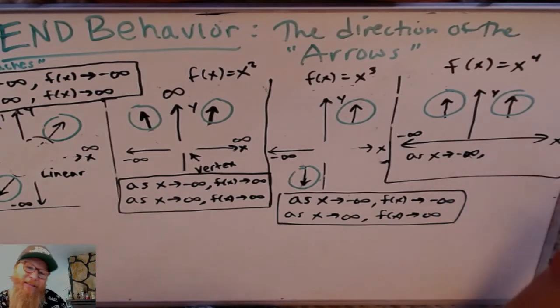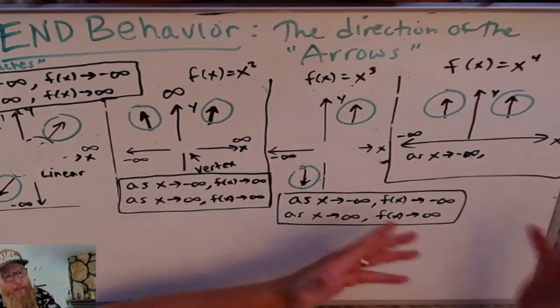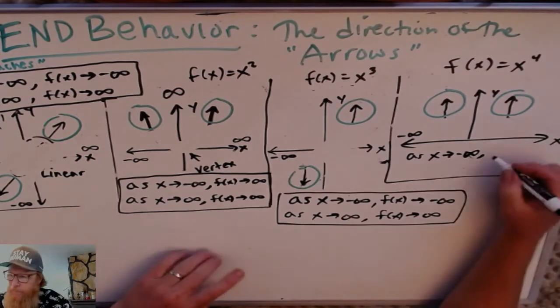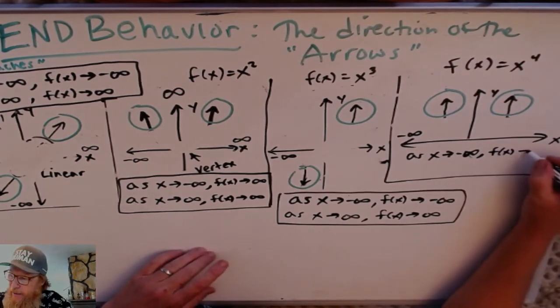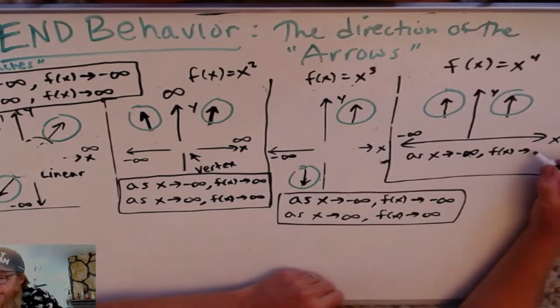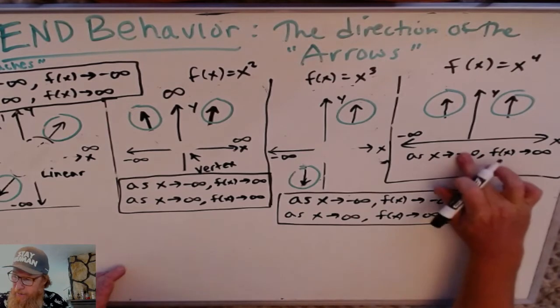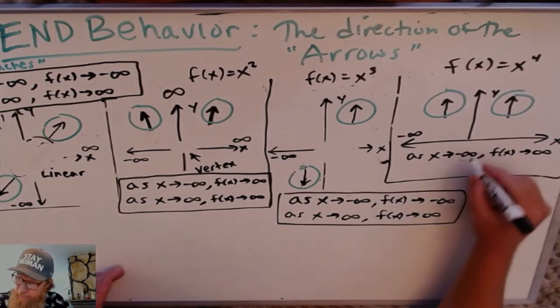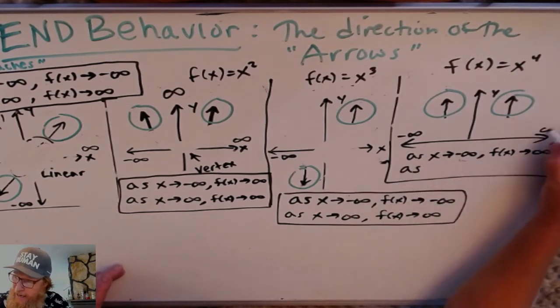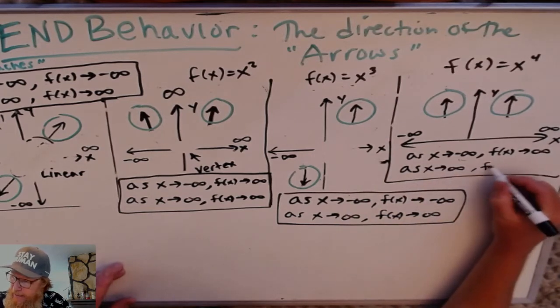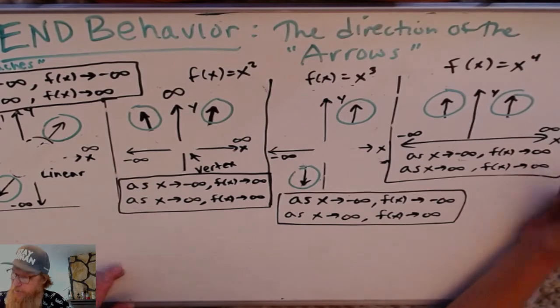The comma is kind of necessary, so it reads like a sentence. As x approaches negative infinity, take a breath, f of x, well, where's it going? F of x is going up to positive infinity. In fact, they're both going to go up. So for the right-hand side, you say as x approaches positive infinity, f of x also approaches positive infinity.